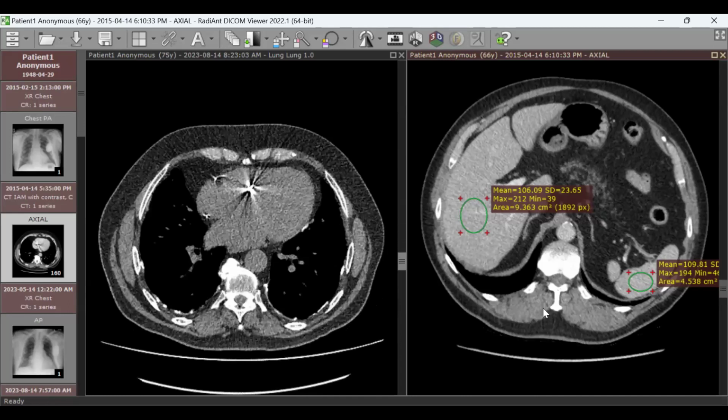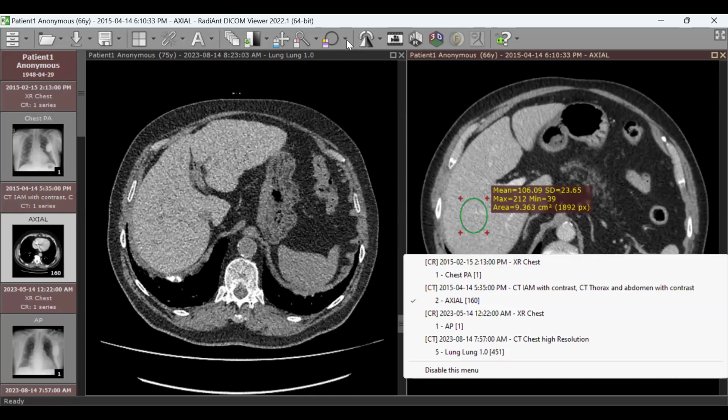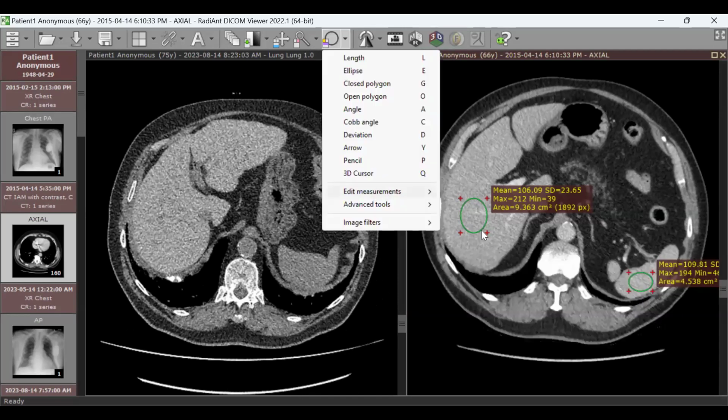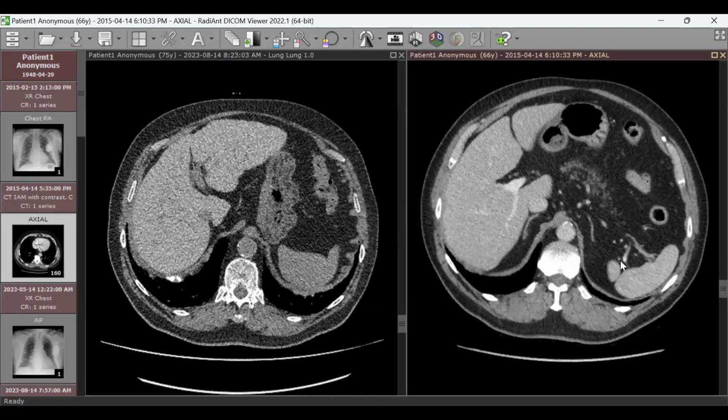But we need to just see this. I can tell you that this CT was done before the patient had started amiodarone. Let's go to the lung.